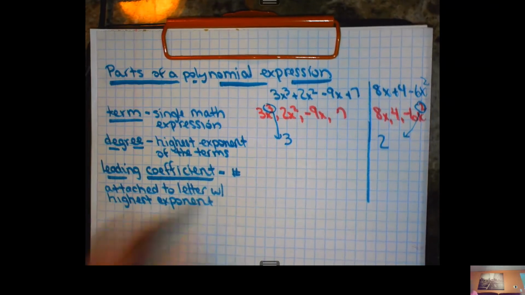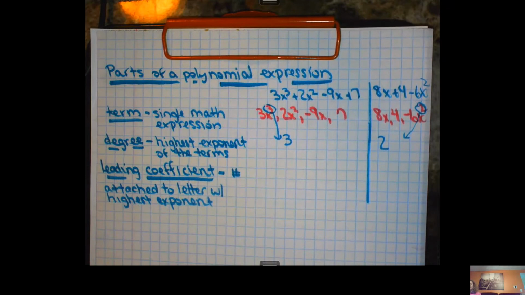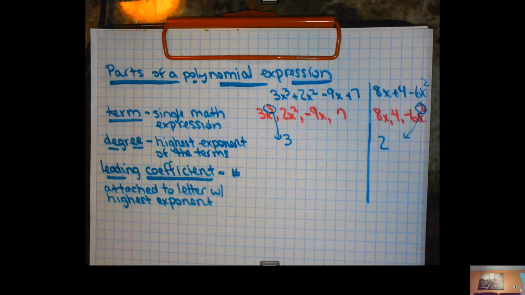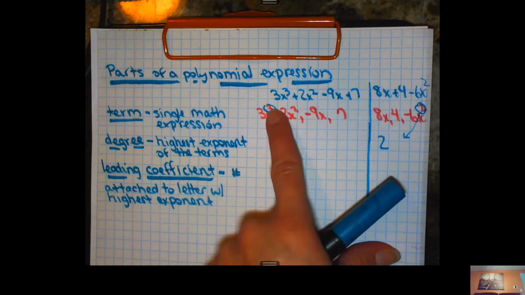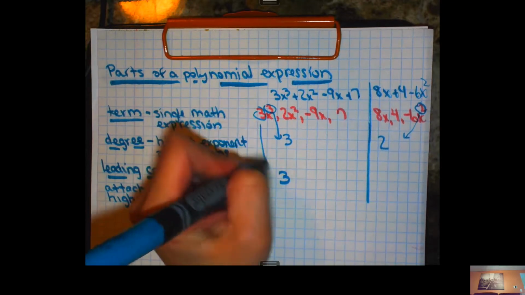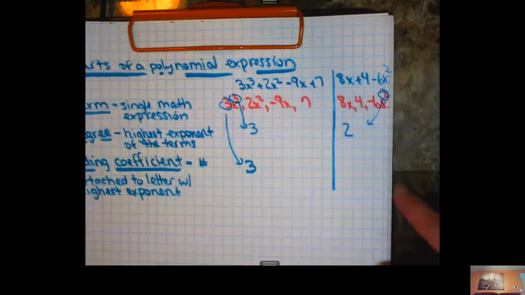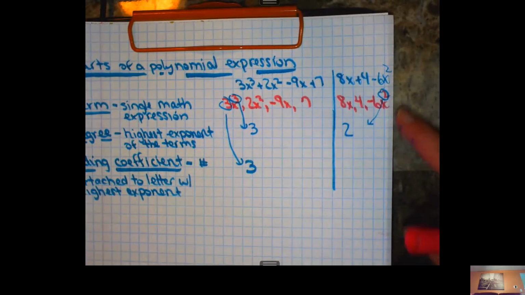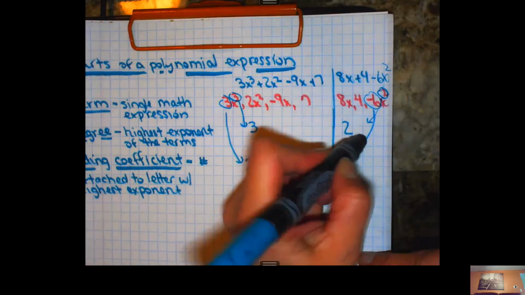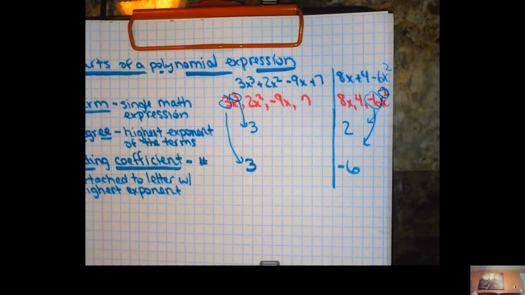I'll say that again. Number attached to the letter with highest exponent. So if you look here, our highest exponent was a 3, so our leading coefficient is a 3. So if you want to circle that and point to it, you can see where it came from. Over here, our highest exponent is 2. The number in front of it is negative 6, so our leading coefficient is negative 6.